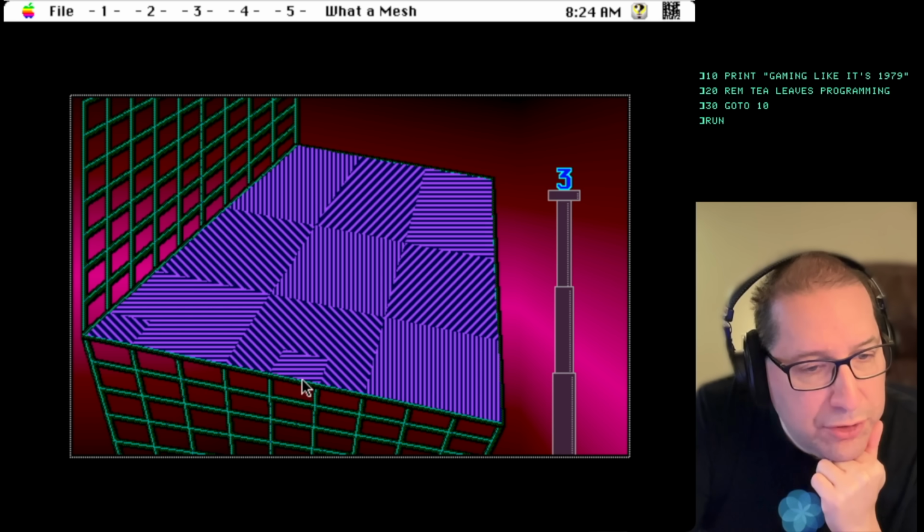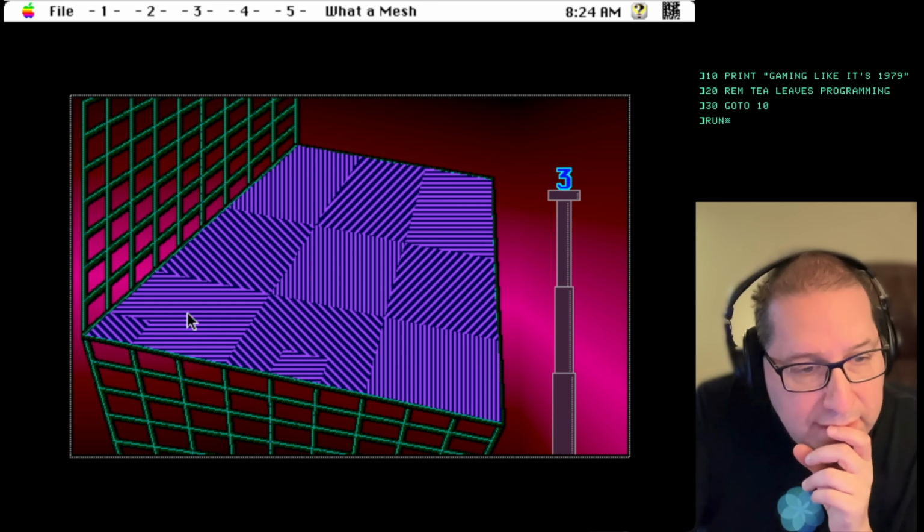The problem is this is on the wrong border, because if I had this pattern over here, I could use that border to get it into the right place. Sadly, it is not.